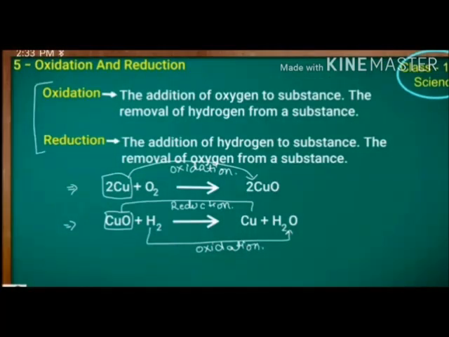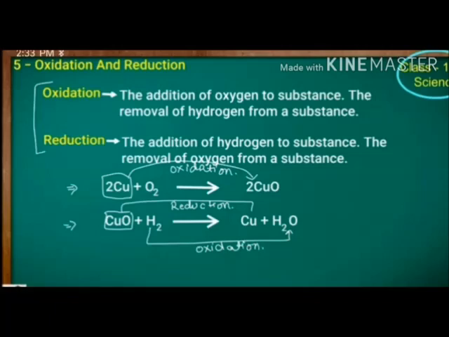Oxidation reduction, the fifth reaction. Oxidation is the addition of oxygen or removal of hydrogen. Reduction means addition of hydrogen and removal of oxygen. You can see in the example copper with oxygen. This is addition of oxygen, therefore known as oxidation.